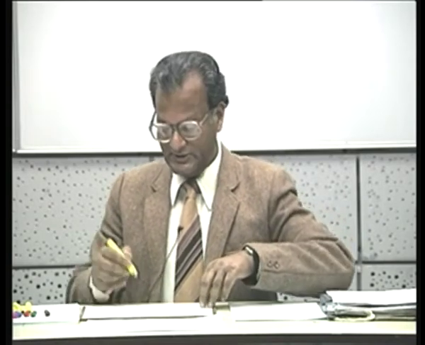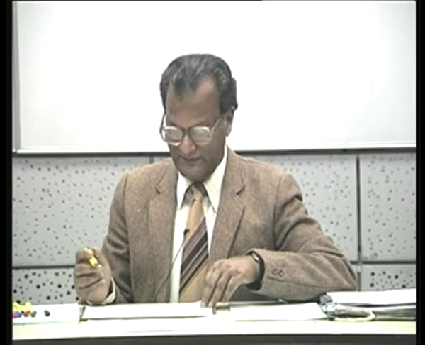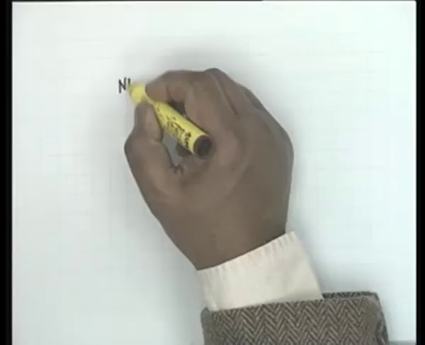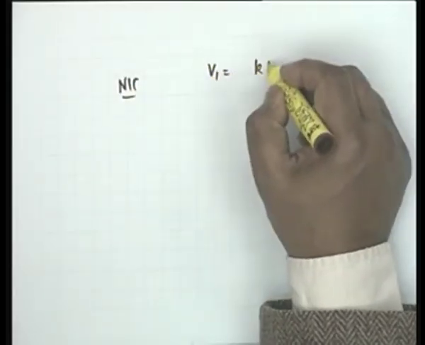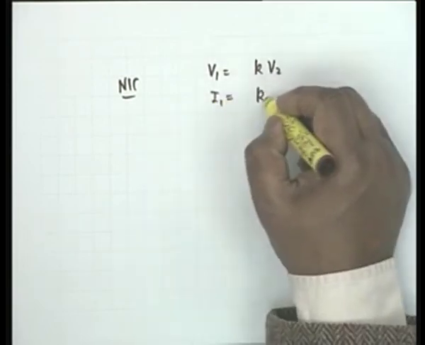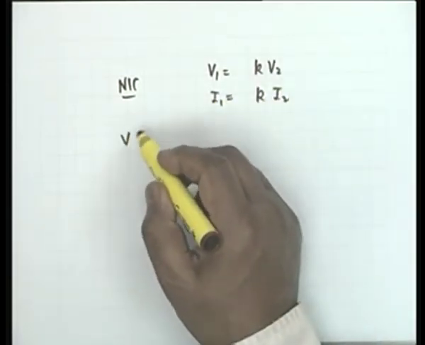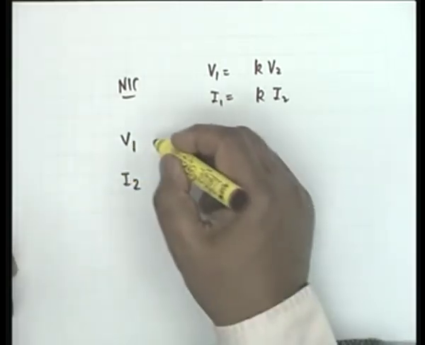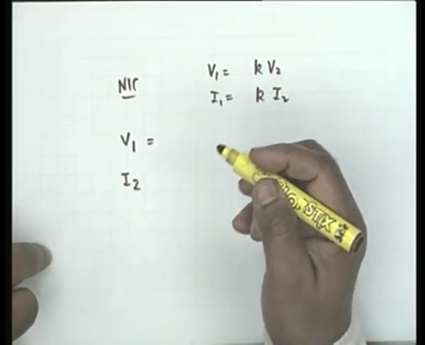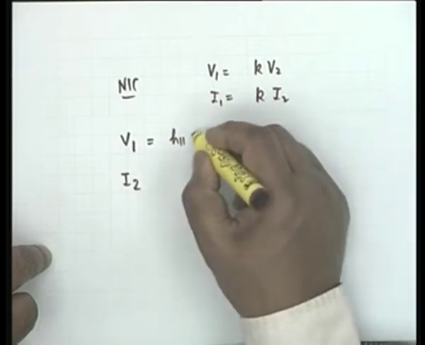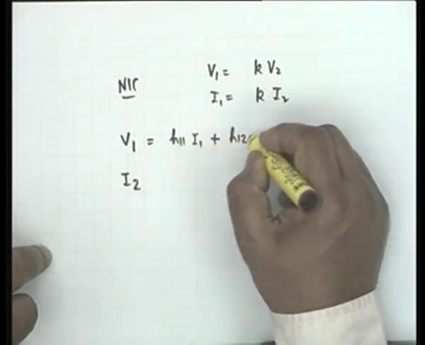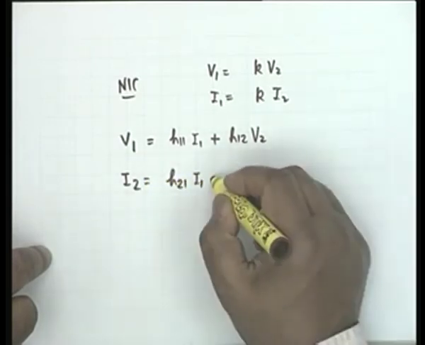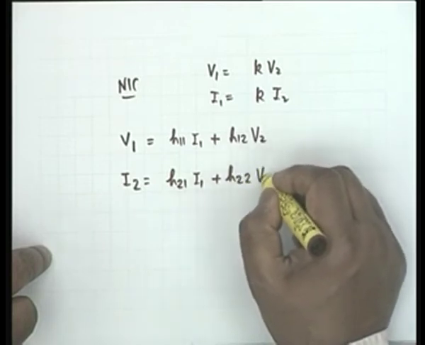If I write these relationships in the form of H parameters, my NIC is characterized by V1 equal to K V2, I1 equal to K I2, and my H parameter relationship is between V1 and I2 as dependent variables and I1 and V2 as independent. So V1 is H11 I1 plus H12 V2, I2 is H21 I1 plus H22 V2.